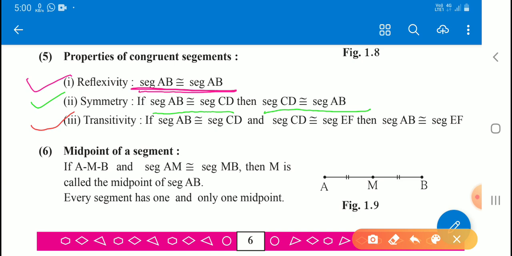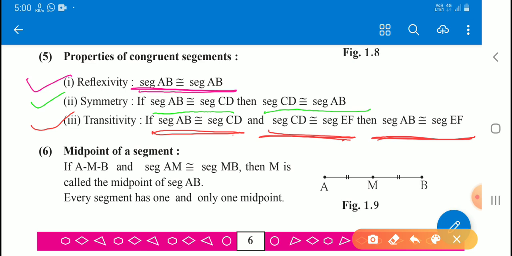If the first segment is congruent with the second segment, and the second is congruent with the third segment, then the first segment is also congruent with the third segment. Here they have given the example. If segment AB is congruent with segment CD, and segment CD is congruent with the third segment EF, then we can say that the first segment AB is congruent with the third segment EF.